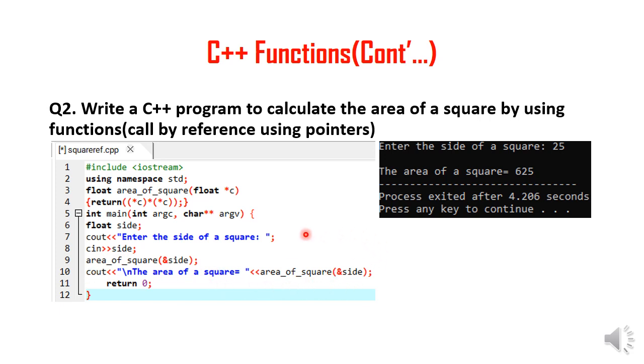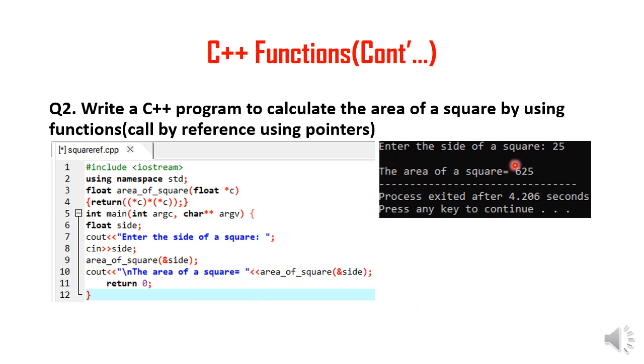Now let us check the output of our program. Enter the side of square. This is the sequence of characters which is the argument of the cout function, enclosed in double quotes.